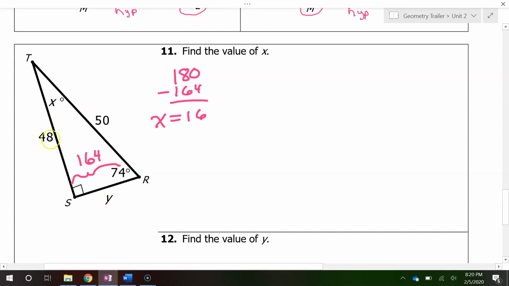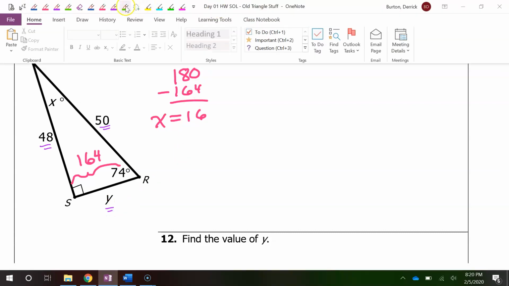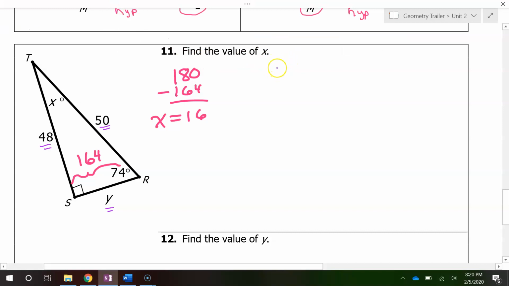So when you're dealing with all sides, side, side, side, that, my friend, is when you do the Pythagorean theorem. So when you think to yourself, a squared plus b squared equals c squared, because that's the Pythagorean theorem, remember that it's leg squared plus leg squared equals hypotenuse squared.